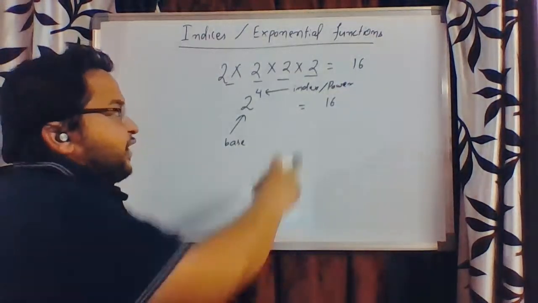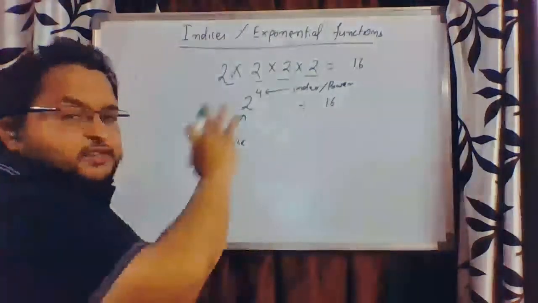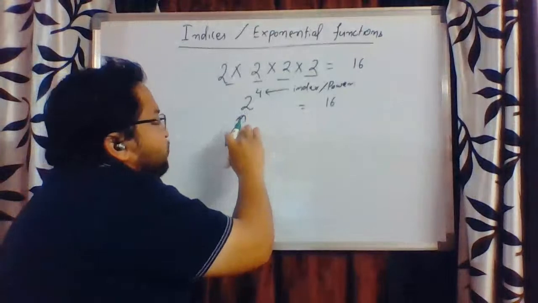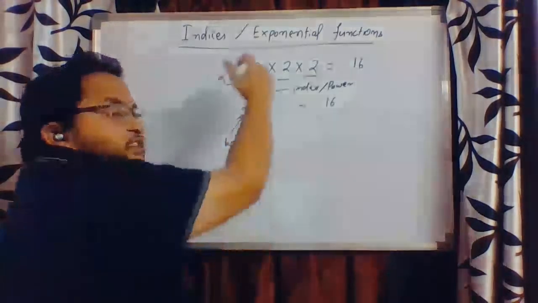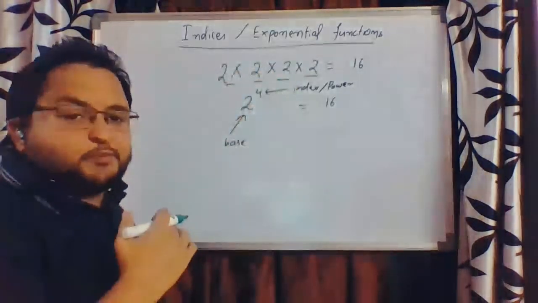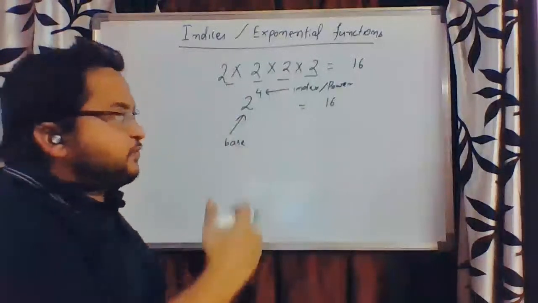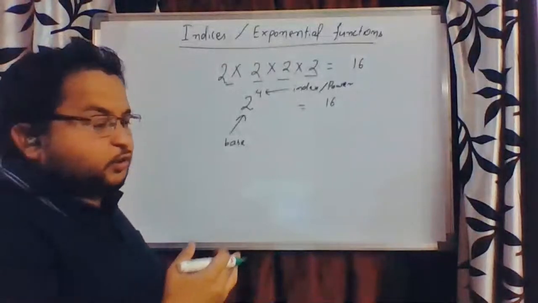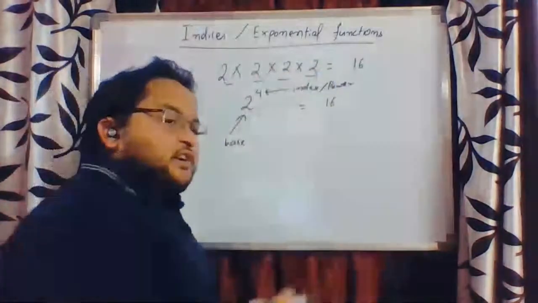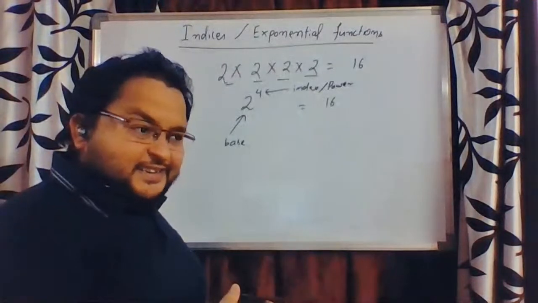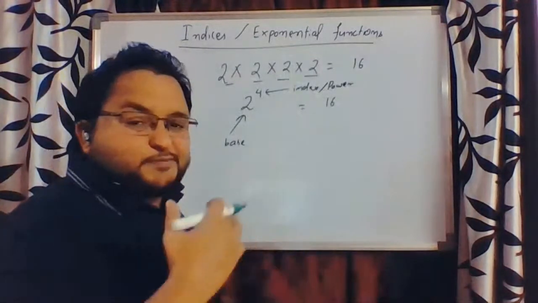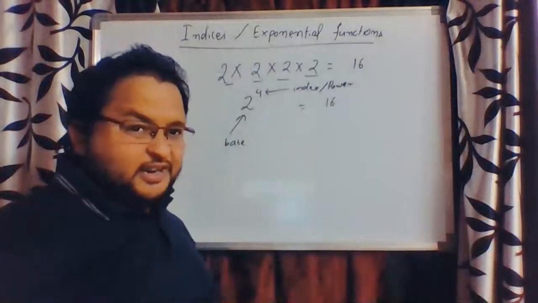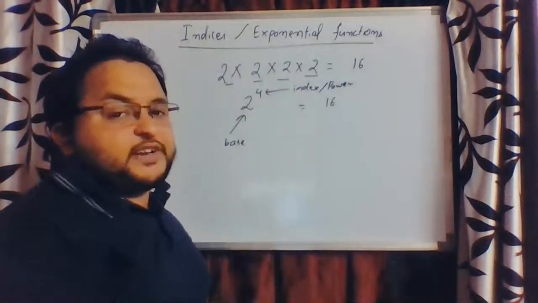In today's class, we will study the properties of when a particular base is raised to a particular index, or multiplied some n number of times with itself. What does it produce as a result? That is why today's study we will call indices. Also, because it's a mathematical function and we would get into the graph part a little later, we'll call it an exponential function.